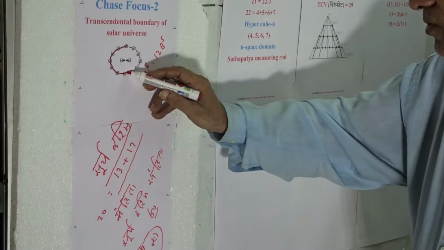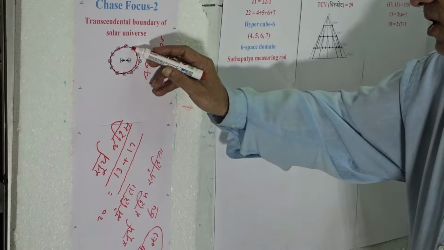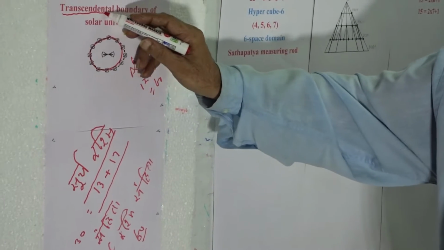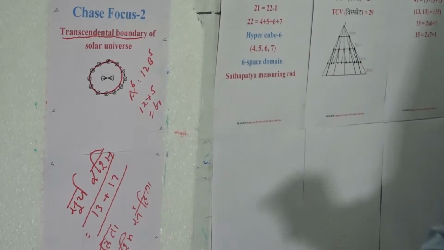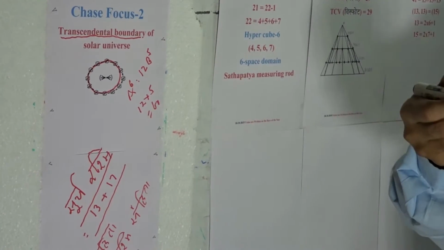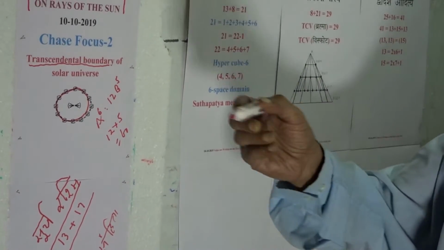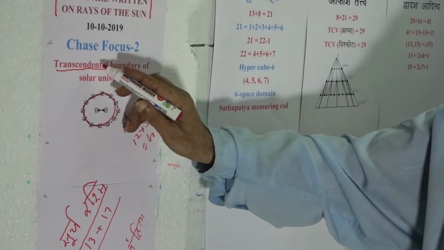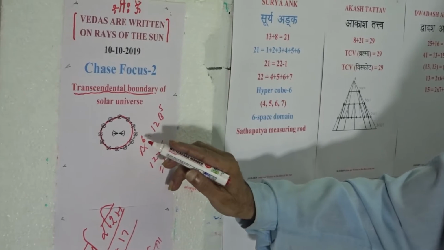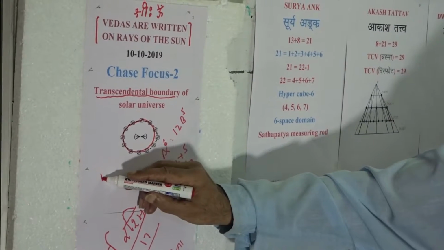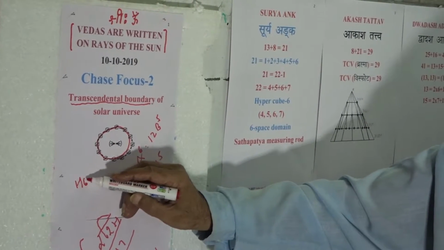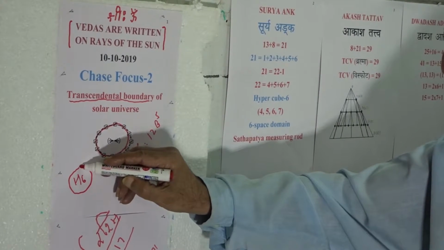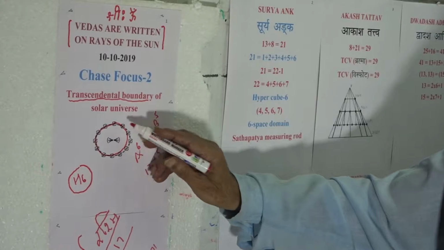are the coordinates of coordination of the transcendental boundary. Transcendental boundary of solar universe is today's focus. Chase focus 2 is transcendental boundary of solar universe. It means hypercube 6 as it is enveloped within a transcendental boundary of 12 components.